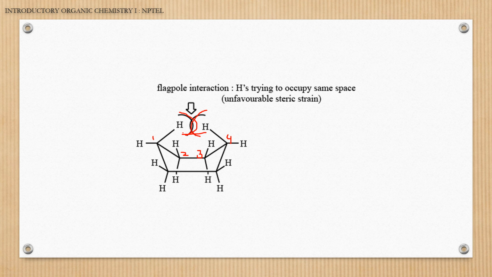This is the unfavorable steric interaction, because the two hydrogens are coming in close proximity. This is the flagpole interaction. It is a very common interaction, and this is the name dedicated to it. Fine. Is it understood by everyone?